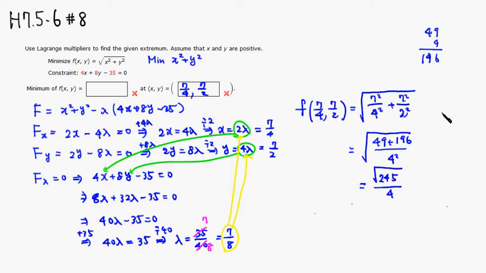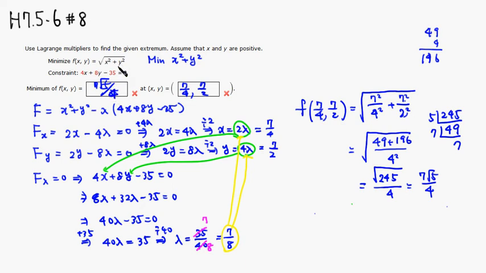So is that a nice number? Divide by 5, and 5 times 49 is 245, which is 5 times 7 squared. So this is actually 7 square root of 5 over 4. So that goes here, over 4.